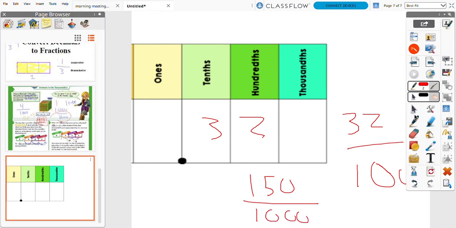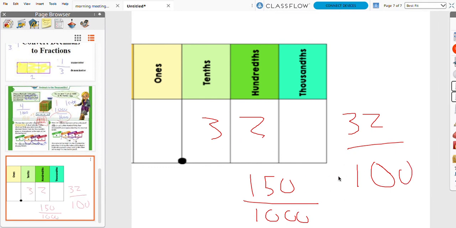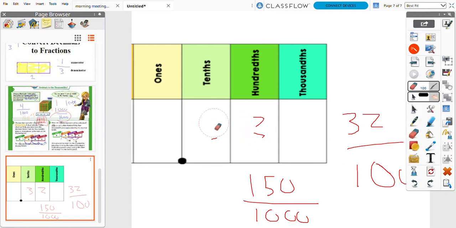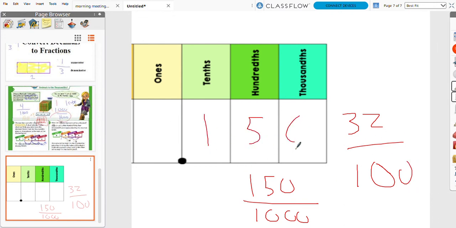All of these denominators are always going to be 10, 100, 1,000. All of them are going to be powers of 10, because we're in a base 10 system. 150 out of 1,000 would be 0.150. 150 thousandths.